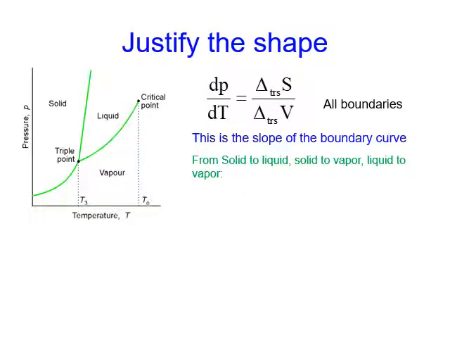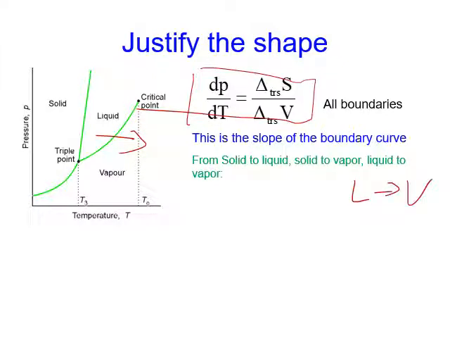We have shown that a typical phase diagram contains three phase boundaries, all of them with positive slope. Now we can use the Clapeyron equation to justify this. Let's look at one example, the liquid to vapor phase change. The entropy changes from low to high because the liquid has less freedom and the vapor phase has more freedom, and therefore entropy increases, so delta S must be greater than 0.